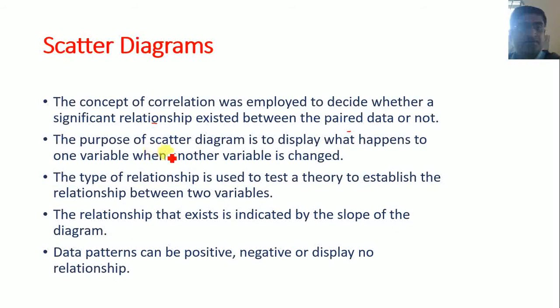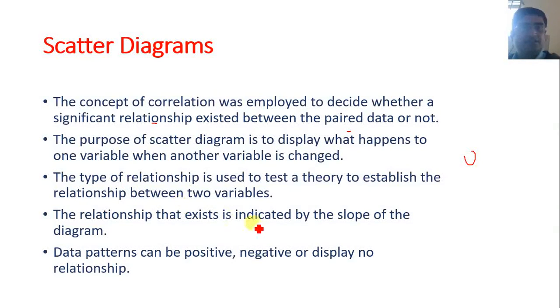The purpose of a scatter diagram is to display what happens to one variable when another variable changes, so we can study the effect of one variable on the other.